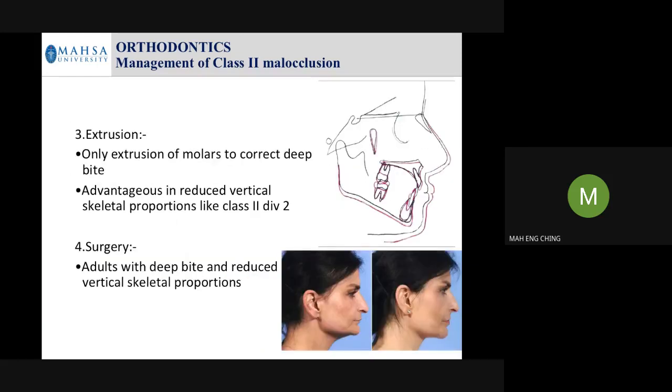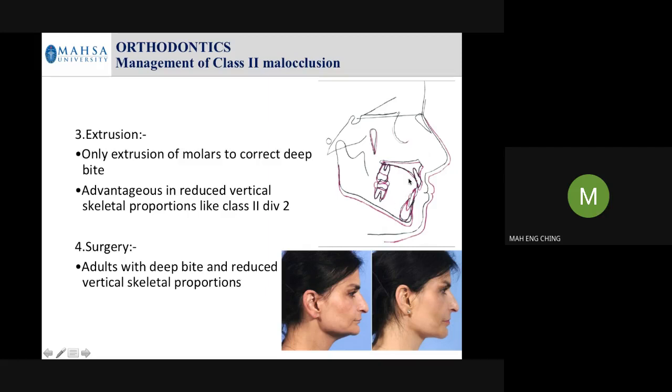So the advantages in reduced vertical skeletal proportion, like Class 2 Division 1, as we said just now, they have a forward rotation. Forward rotation means they have the reduced overbite and the reduced vertical facial height. So by rotating the mandible backward or extruding the molar, like the top right pictures, if you cause this over-eruption or extrude the molar, then the mandible will rotate backward.